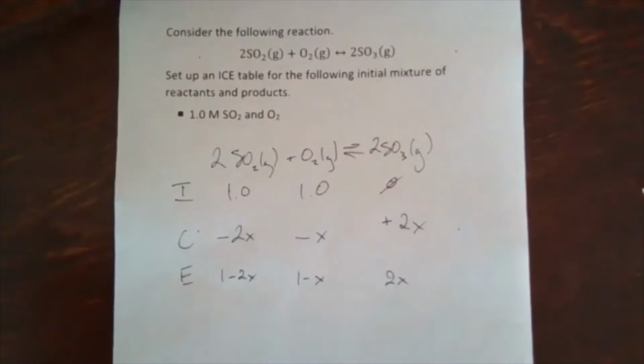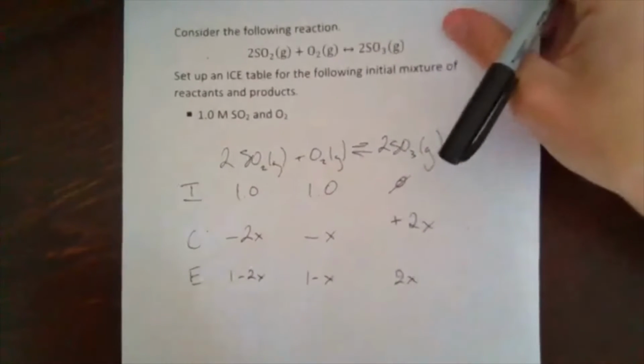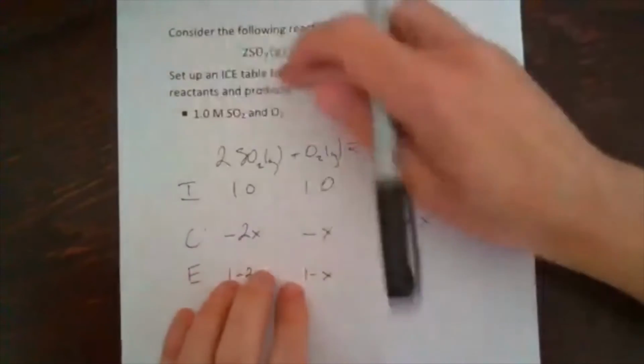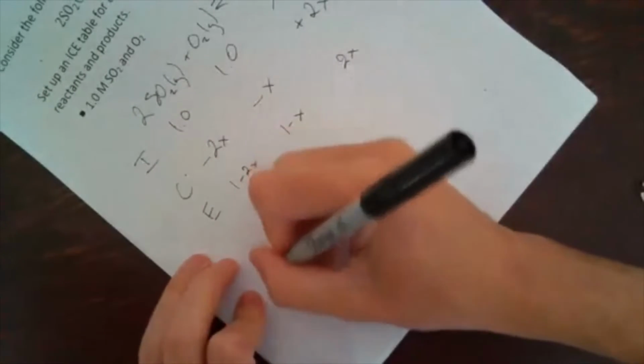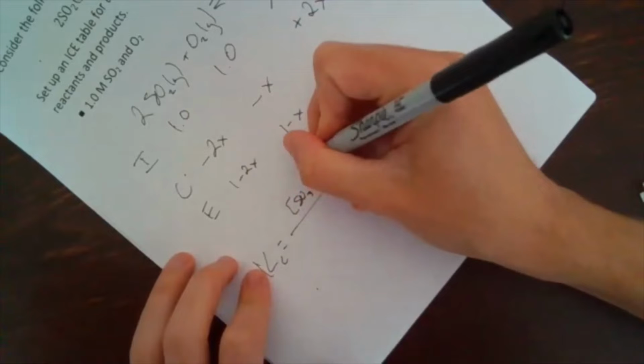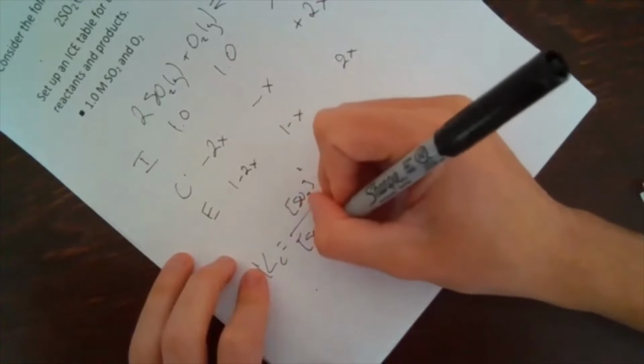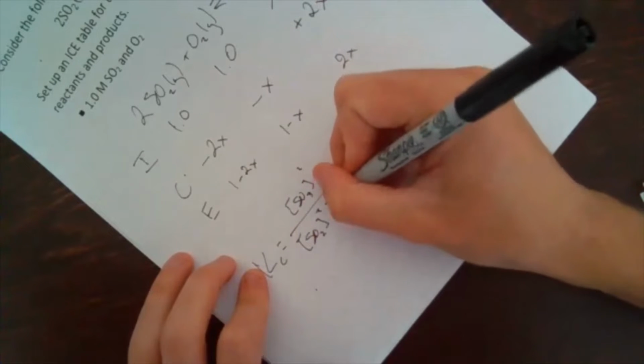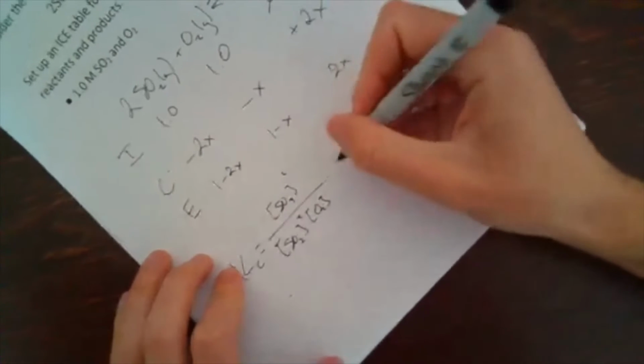We're good to go. At this point, this is really all we wanted for setting up an ice table. But what we could do is plug it into Kc, which is going to be SO3 squared over SO2 squared, O2 to the first power.